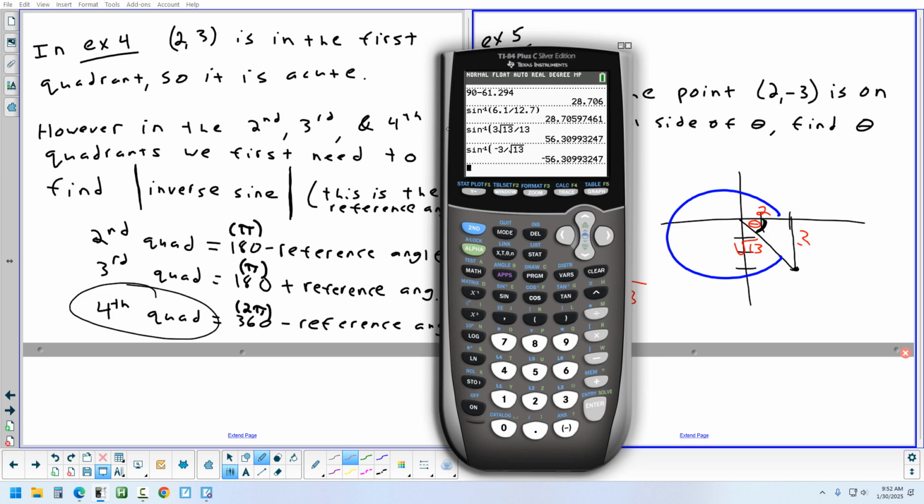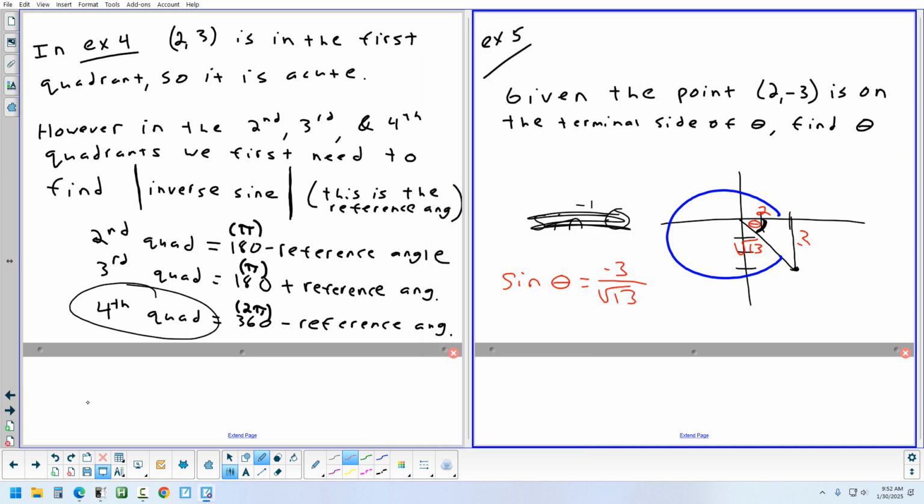What do I do with that angle to find the answer for that part in blue? You subtract the reference angle from 360 because it's in quadrant 4. So 56 point, I'm just going to call it 56.31, means that angle in blue is 303.69.